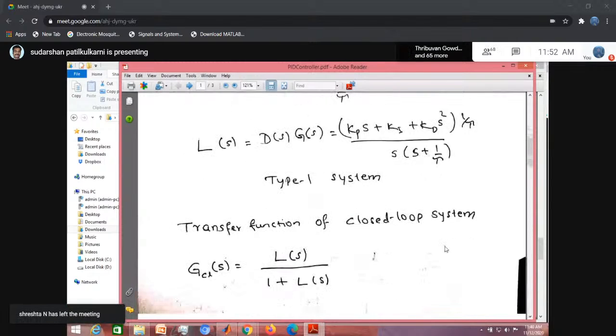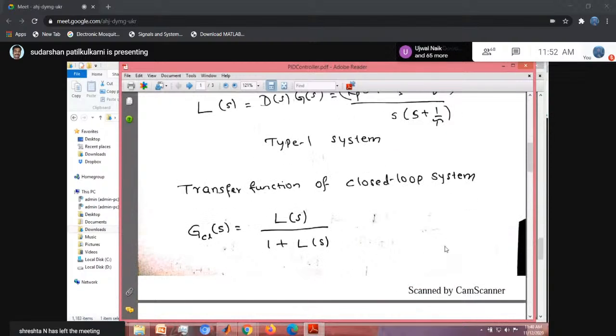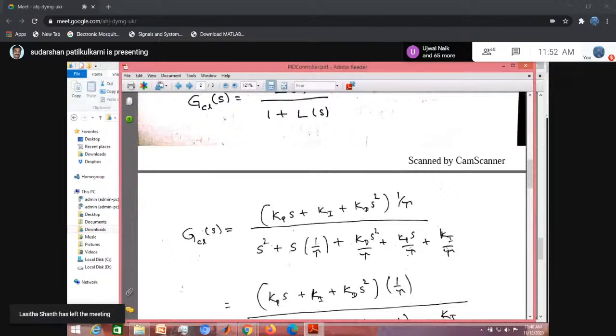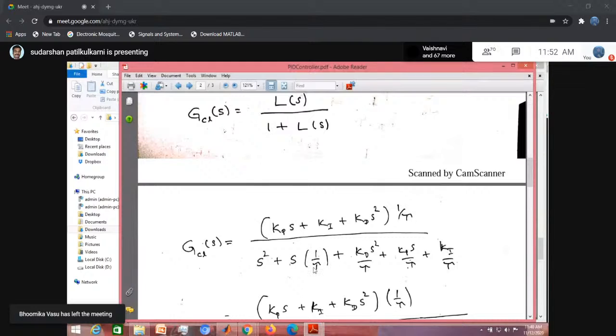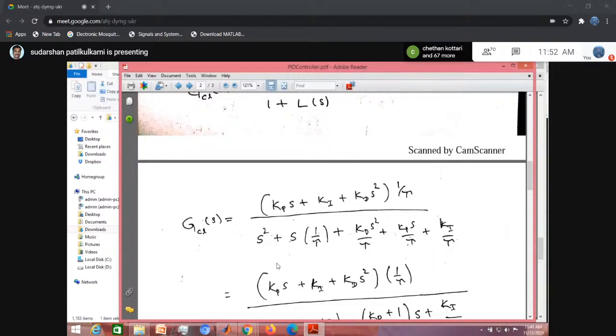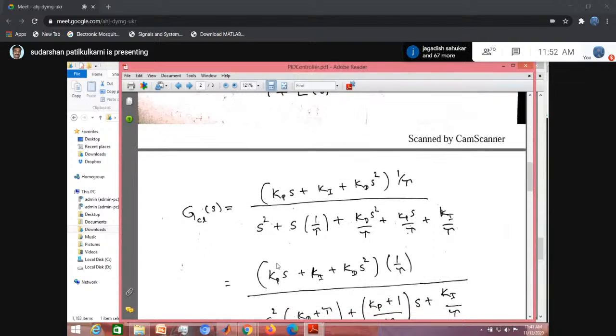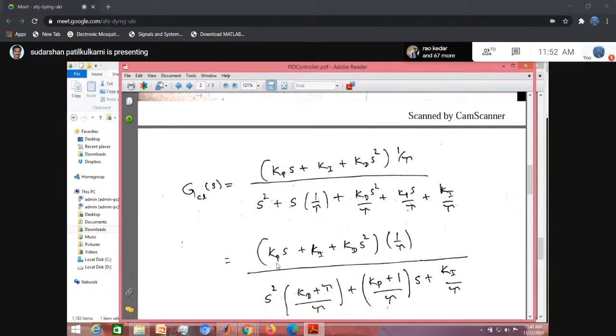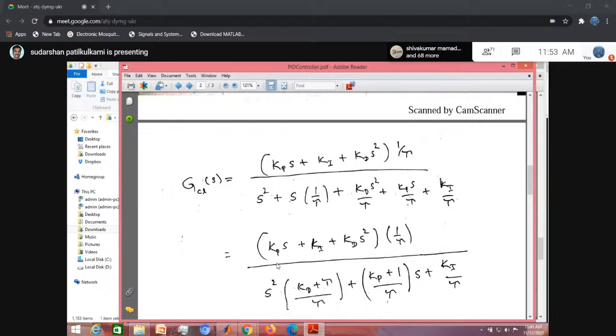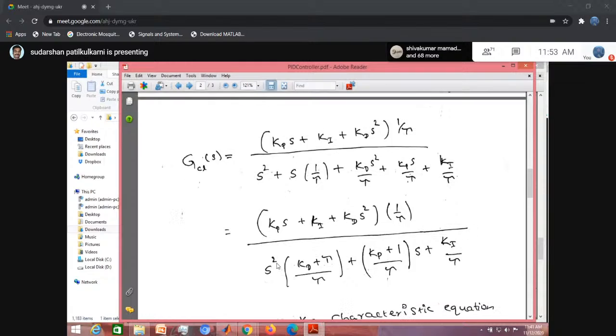The transfer function of the closed loop system is L of S divided by 1 plus L of S. So it is Kd by tau into S square plus Kp by tau into S plus Ki by tau in the numerator.